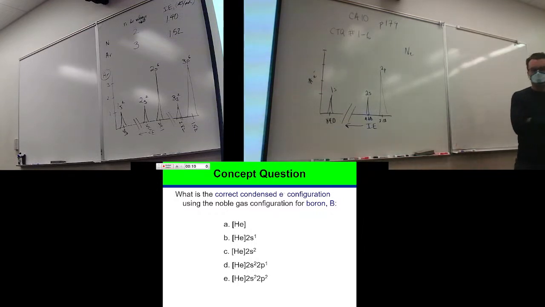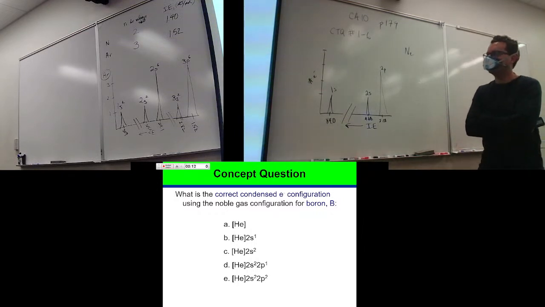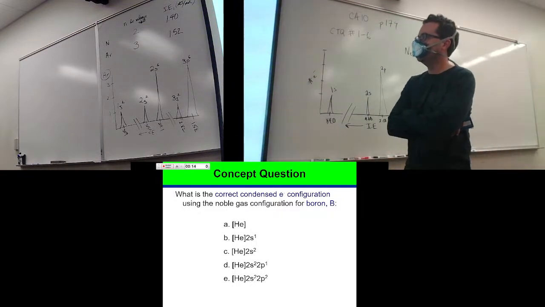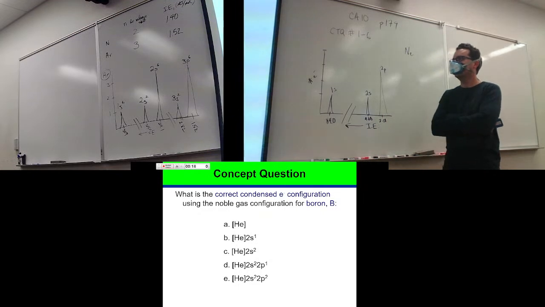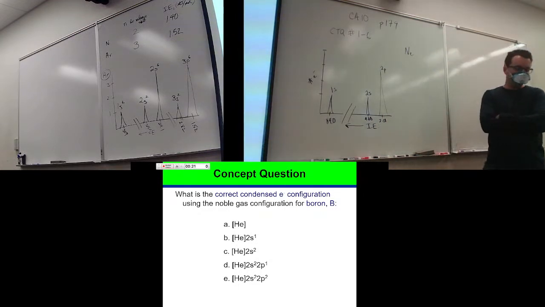It's not much of a condensed version, but technically that's the condensed version. Boron is number 5.